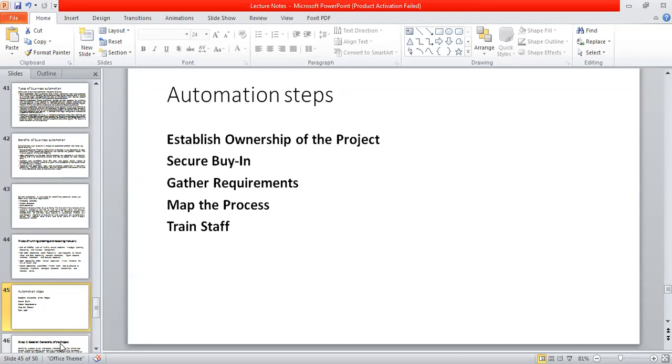In an organization, it is important to find support from every department so that they are aware and they agree with the automation process.